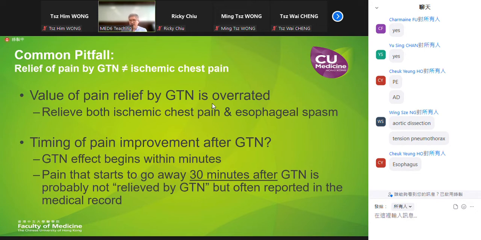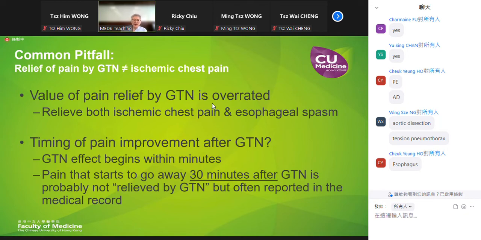But sometimes you ask the patient, "You took GTN. When did it start to relieve?" "Oh, half an hour later, it went away." By definition, the pain wasn't relieved by GTN; the pain was relieved by itself. Yet it's often recorded as pain relieved by GTN. You have to quantify that and make sure the pain is related to the GTN.